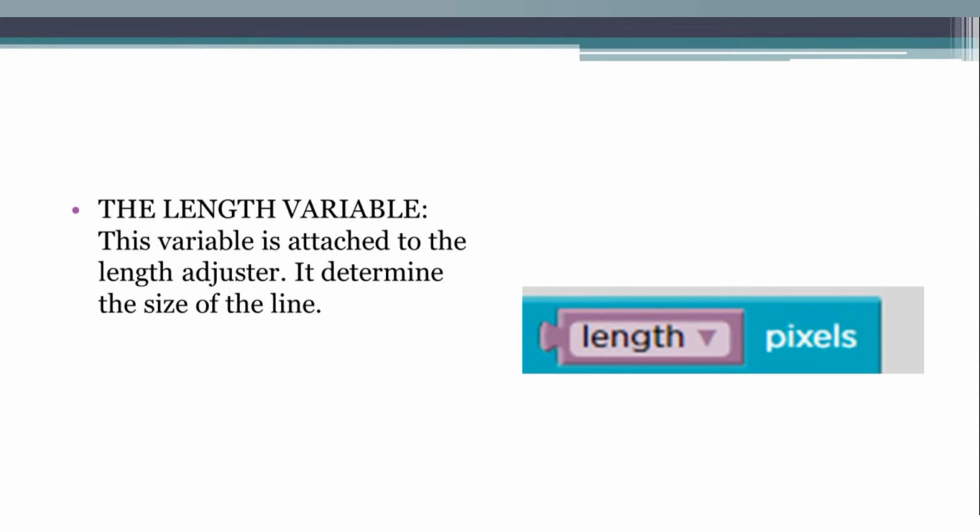This variable is attached to the length adjuster and determines the size of a line. Any number we give to our length variable is what it carries. Now we're going to look at a practical class to help us understand how these blocks are used in changing variables with artists.